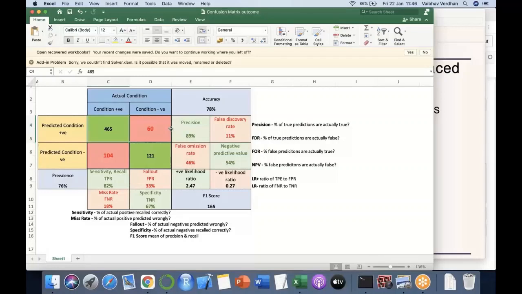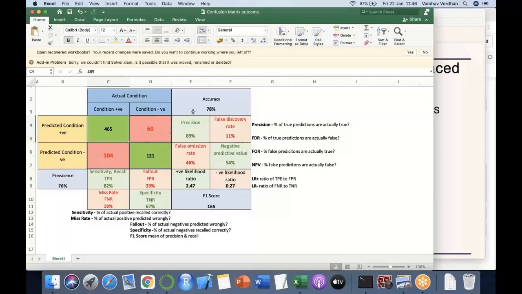Like, if I take the same example of credit card fraud transactions, you would want your recall to be high. Why? Because you do not want to let go of any fraud transaction.